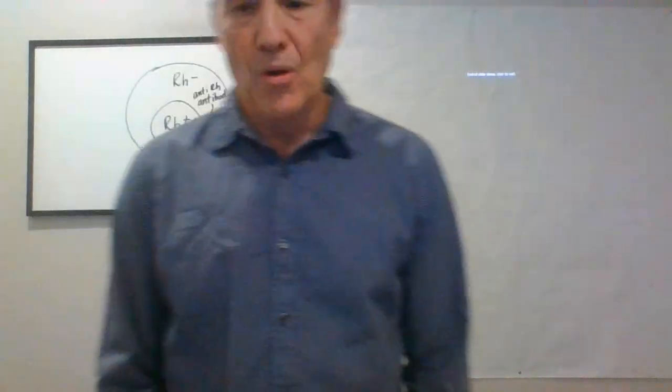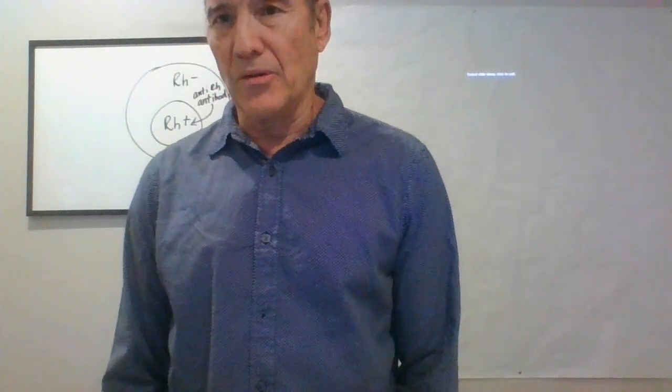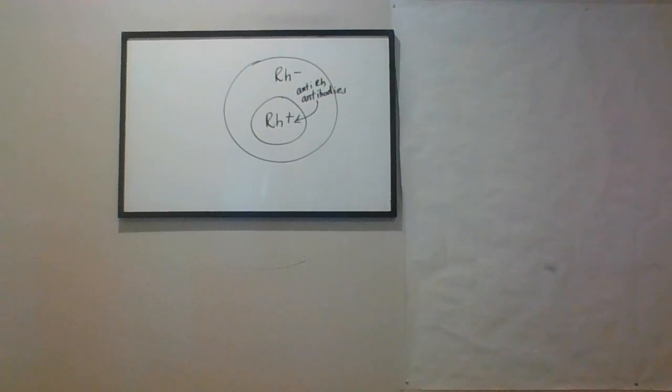Very good. Okay, so we're going to do the rest of immunity here on the board. I'm just going to move you over here. Look at the board. Me and the board here.